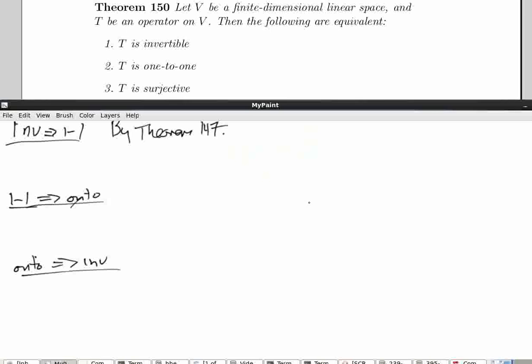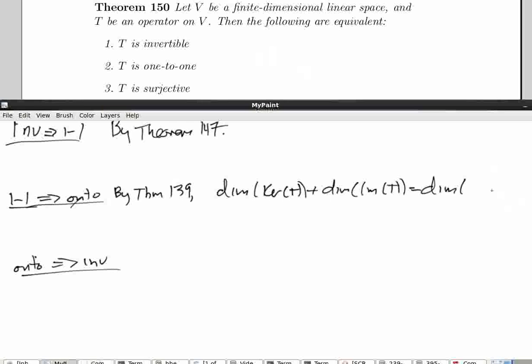So, by theorem 139, the dimension of the null space, or the kernel of T, plus the dimension of the image of T is equal to the dimension of the set of inputs.